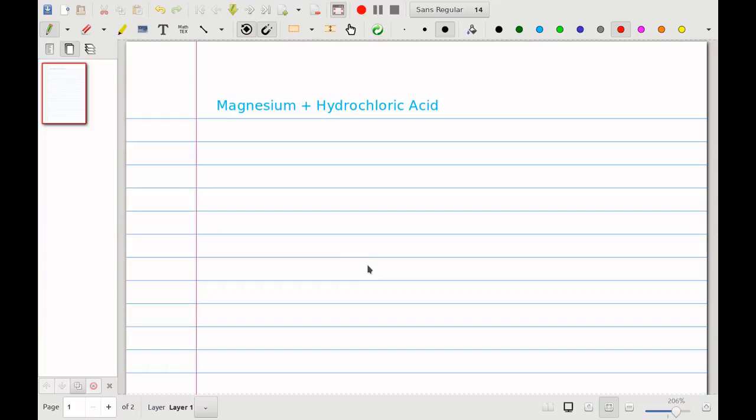So the chemistry we're seeing here is the reaction of magnesium plus hydrochloric acid, and we can write out an equation for this. So we'll try and write an equation. So magnesium, and I'm trying to write really tidy here, reacts with hydrochloric acid, so we use a plus symbol to show that.